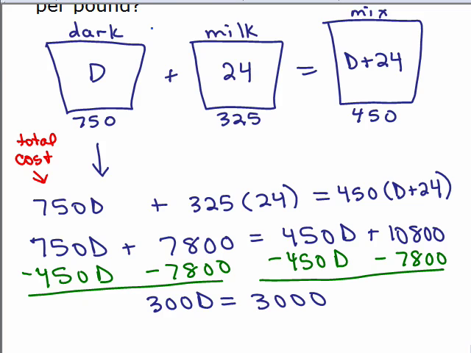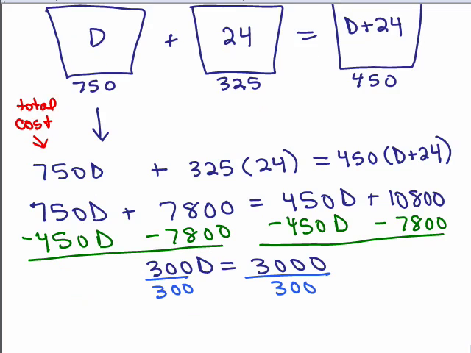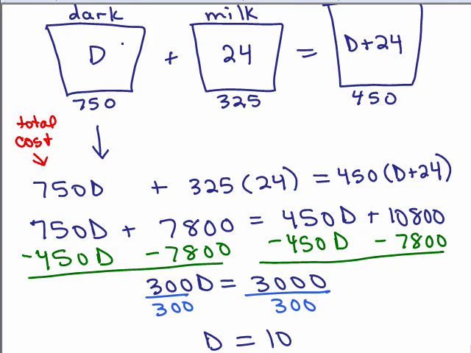So we want to divide by the coefficient of 300. And D is, well, what would that be? The zeros would cancel. 30 over 3 is 10. So that represents how many pounds of dark chocolate.